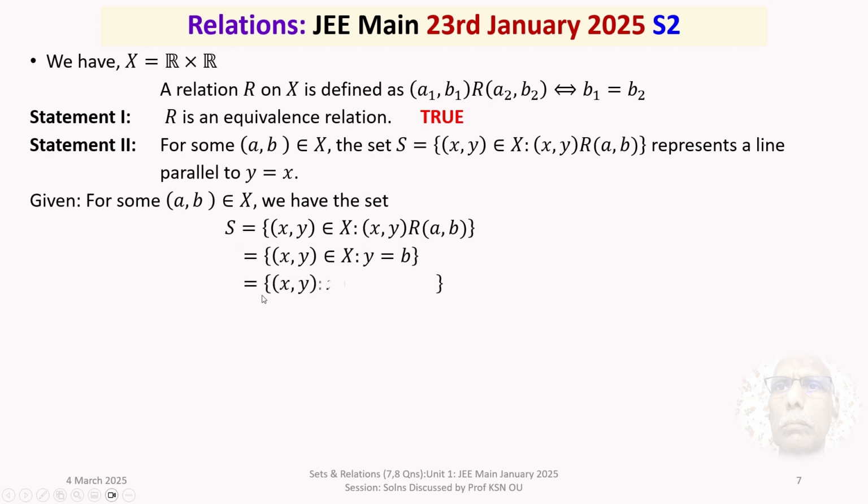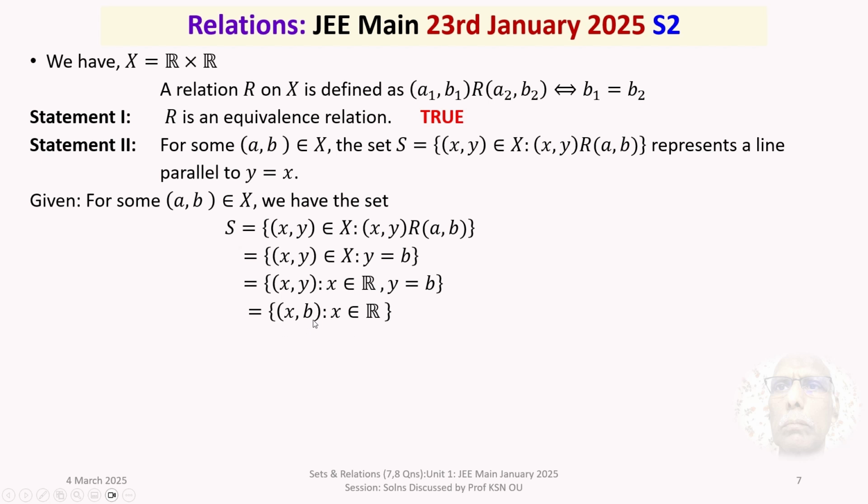That is, the set of all ordered pairs (x, y) such that x belongs to R, y = b. It is the set of the ordered pairs (x, b), where x belongs to R.